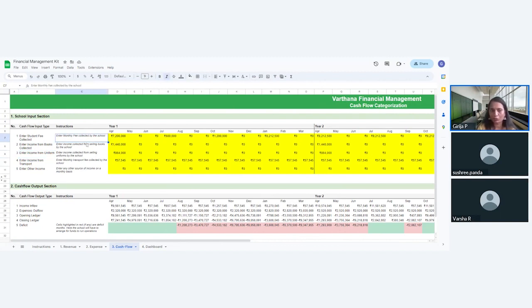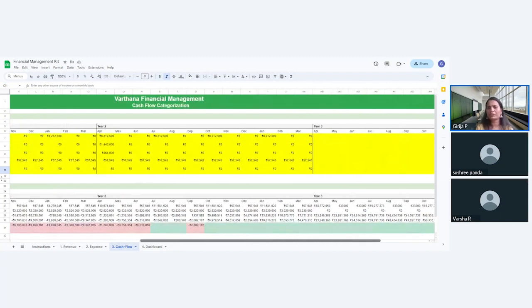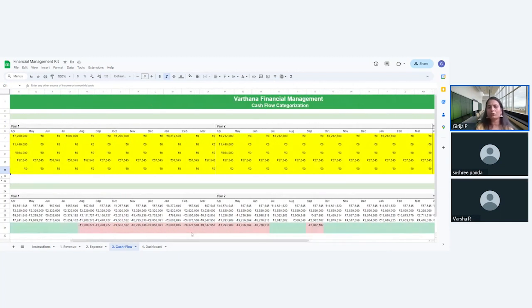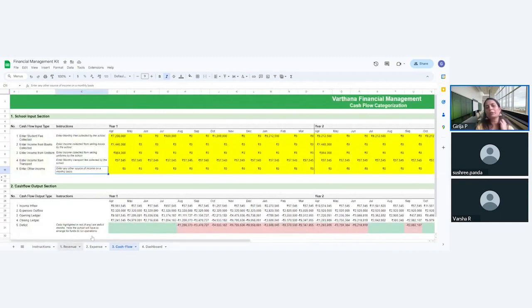The instructions will tell you whether you need to put monthly or yearly, but here you have to put the monthly only. Once you put all the data, again it's up to you whether you want to put it for the second and third year or not. If you're planning for next year only, you can put data for the next year, and if you don't need it, you can avoid the next 2 years.